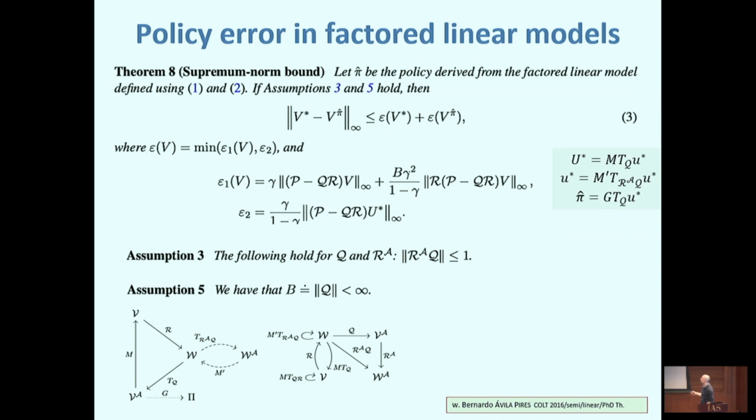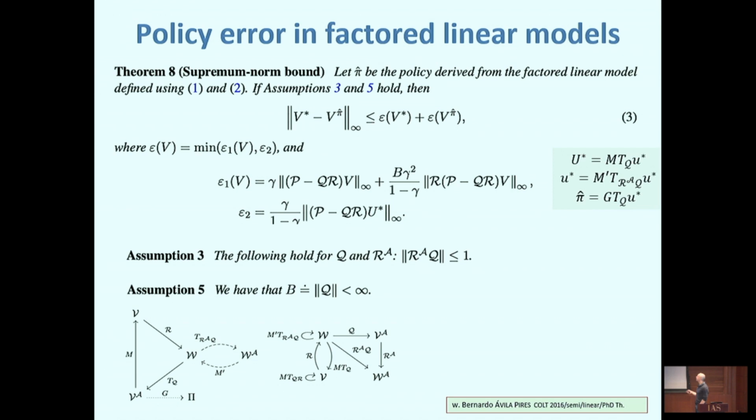So you can choose the smallest of these two quantities. The second quantity is just the result from Whitt. Okay, so that's the same thing. U star is essentially the fixed point, the optimal value function for the compressed model, okay, for the approximate model. So that's its result. You can take the min with this other quantity as well.